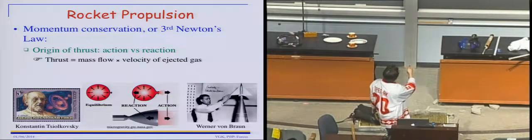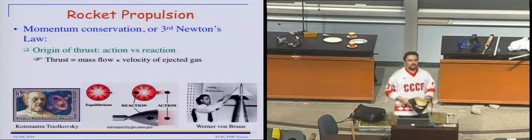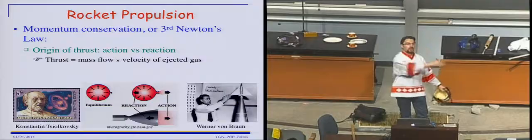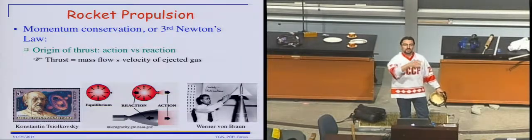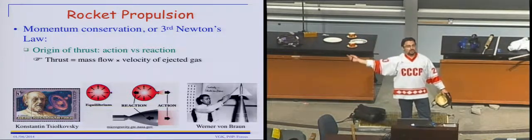The reactive force from that motion pushes on the rocket and propels it in the opposite direction. The total momentum of the system is conserved so that if the gases flow to the left with high velocity, the equal amount of momentum has to be given to the rocket and propel it in the opposite direction.